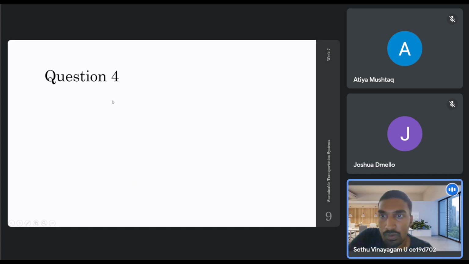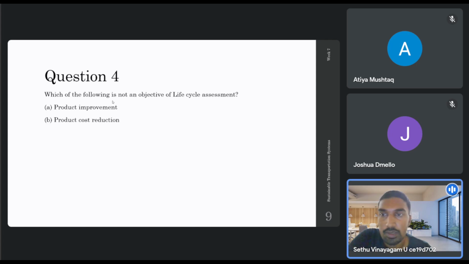So, question number four: which of the following is not an objective of life cycle assessment? Option A is product improvement. Option B is product cost reduction. Option C, decision making. And option D, environmental planning.